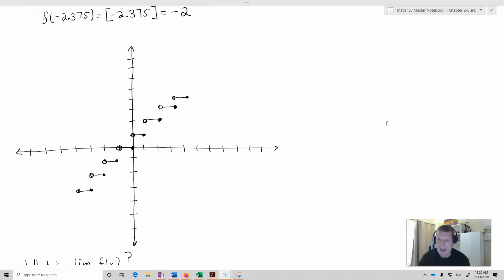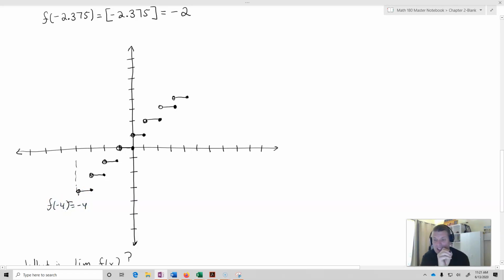When I look at the graph, this is what the graph looks like. What we see is that we've got these open dots. For example, at negative 4, going from negative 4 to negative 3, we're actually at negative 3, but we have an open dot, because f of negative 4, in fact, equals negative 4.